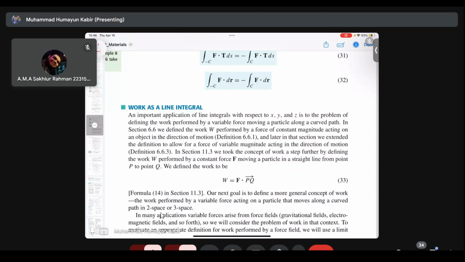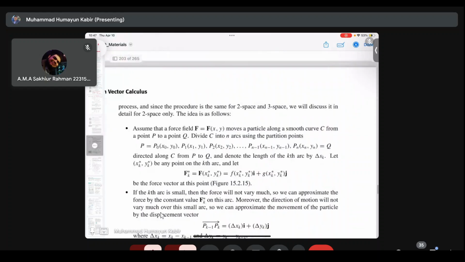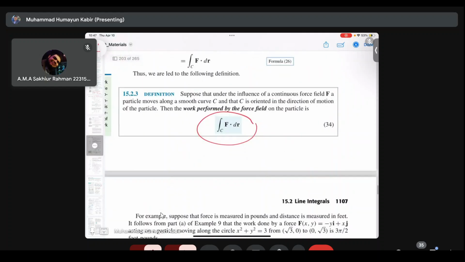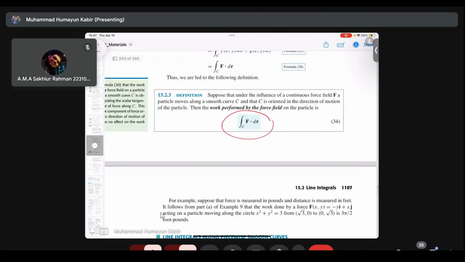If you have a force field, it must be described by a vector field. And over the force field, if you have a particle that is displaced, and if there is some work done, that work done can be found with the help of a line integral.